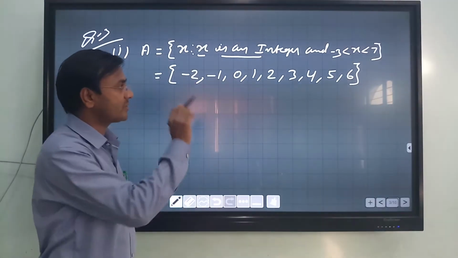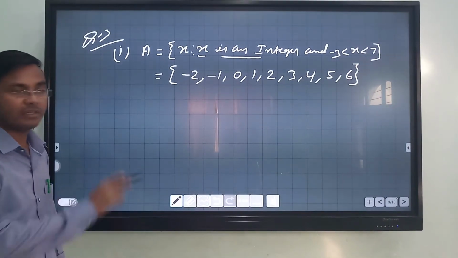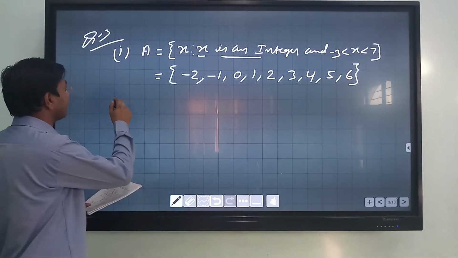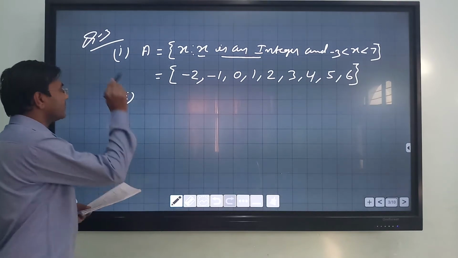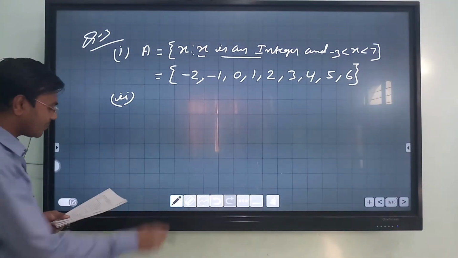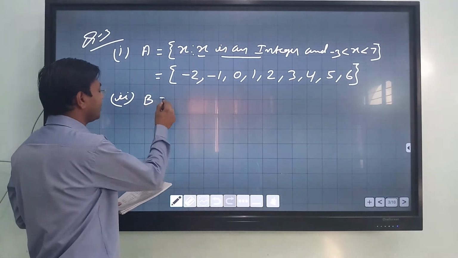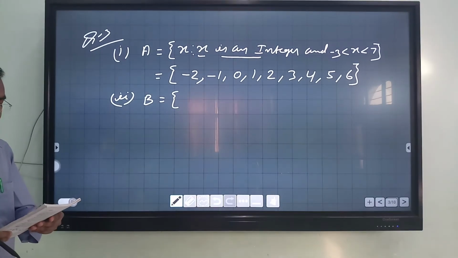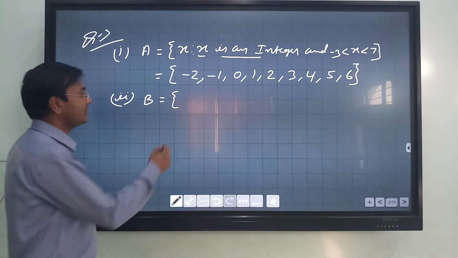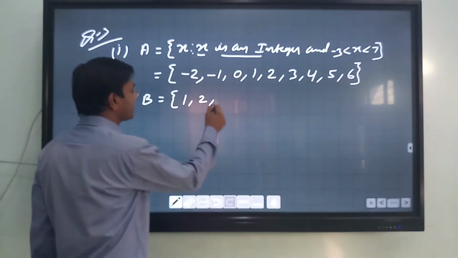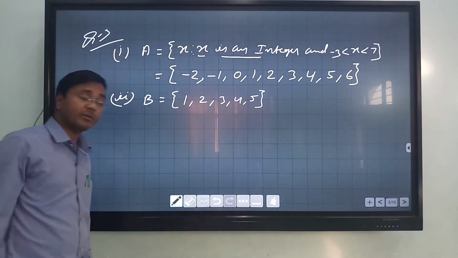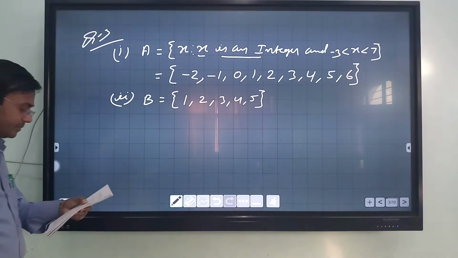Less than 7, so 6 is the last integer. This is the representation in roster form. Second part, B equals X is such that X is a natural number less than 6. So write the natural numbers less than 6: 1, 2, 3, 4 and 5. This is the second part in roster form.